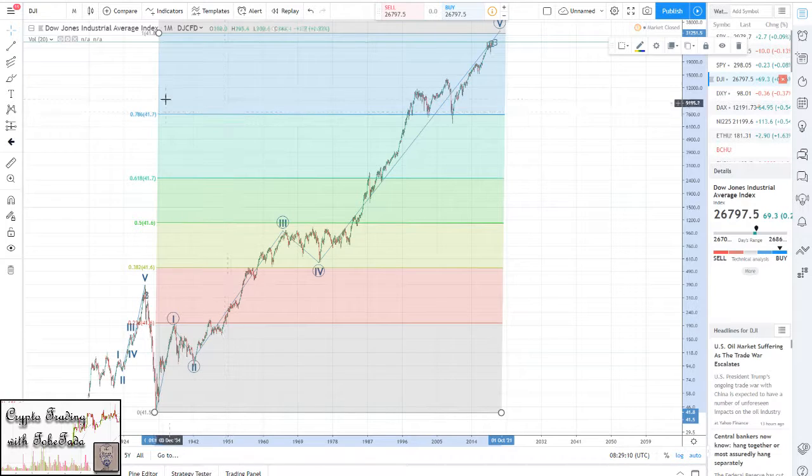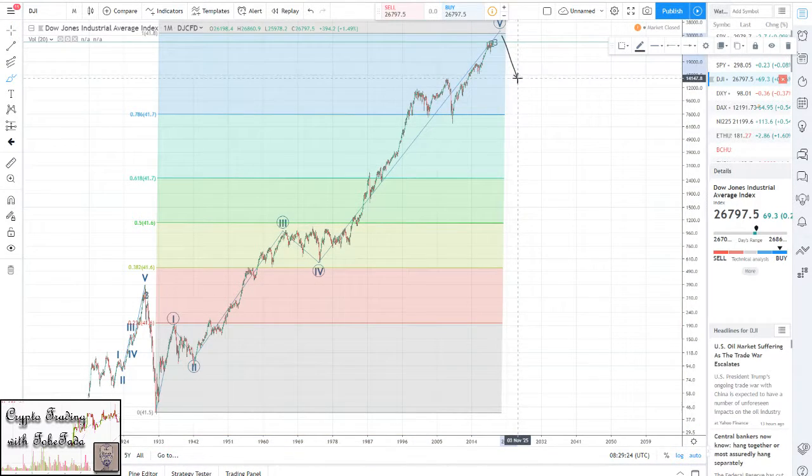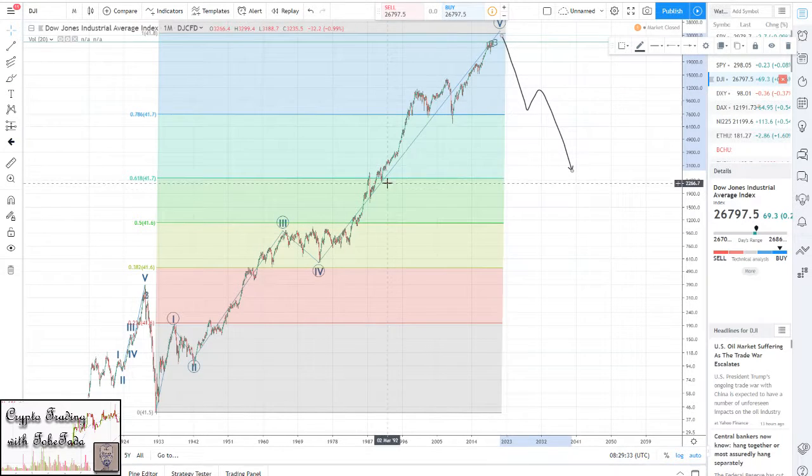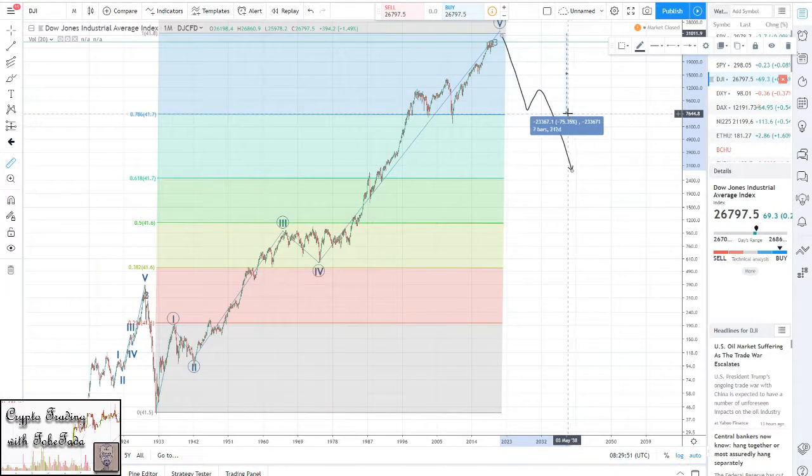Now, because in the past the market has corrected itself to the 0.618 and also almost to the 0.5 areas here, we could argue that the correction would go perhaps something like so. Now that might not look that much in terms of the chart here, but if we look at the decrease here, it's quite a lot actually. So if we start up here at about 30,000, already going back to the 2009 levels would be a 75% decrease in price.